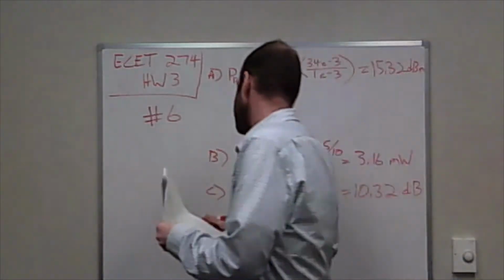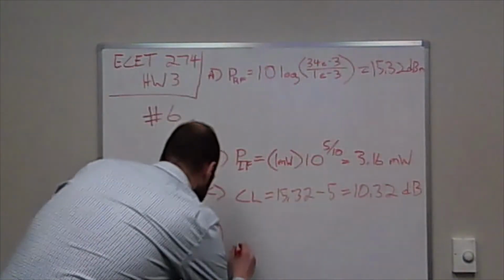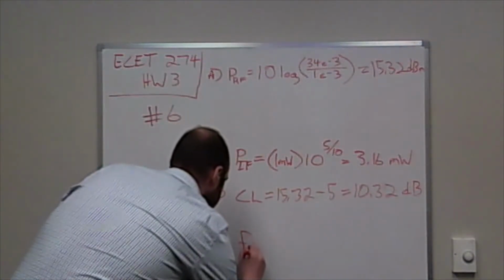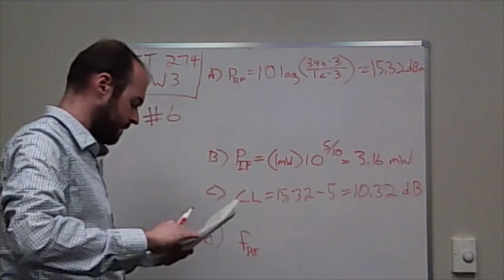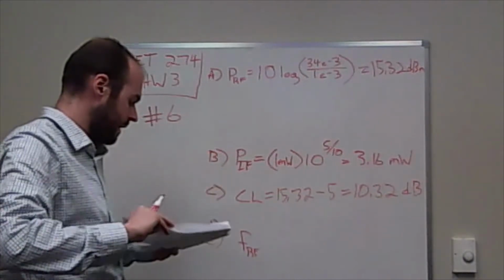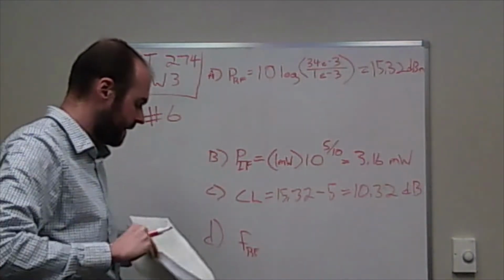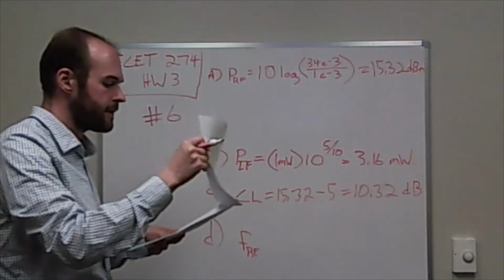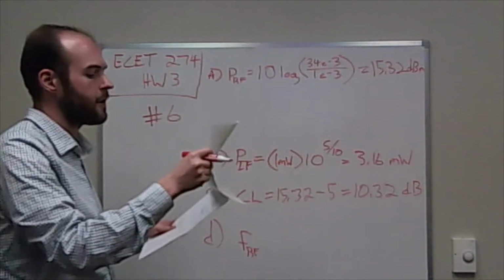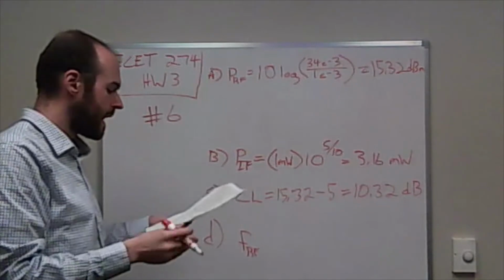Then finally, for high side injection, we want to find the RF frequency using a high side injection system. Determine the frequency of the RF using high side injection. So we know the local oscillator, and we know the IF coming out.